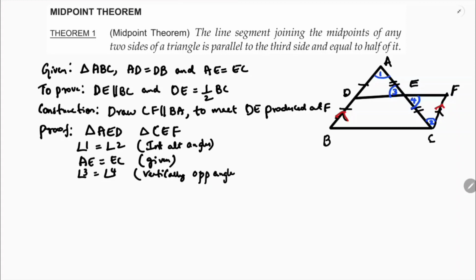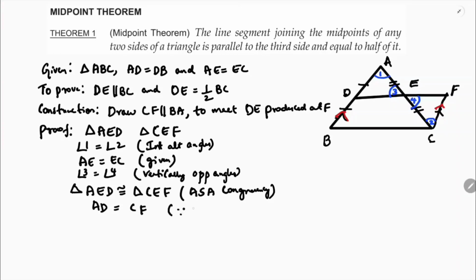Now see, the two triangles are congruent. Triangle AED is congruent to triangle CEF by ASA congruency, angle side angle. Now, as these two triangles are congruent, I can say AD equals CF, corresponding parts of congruent triangles.